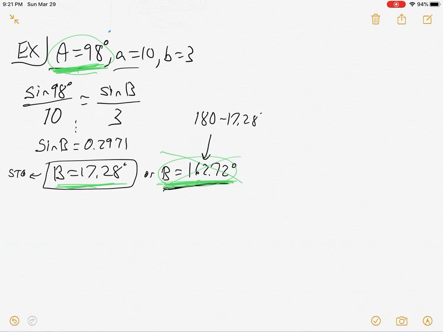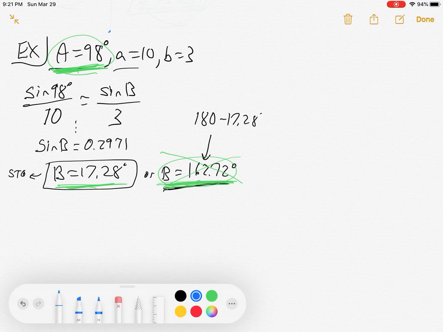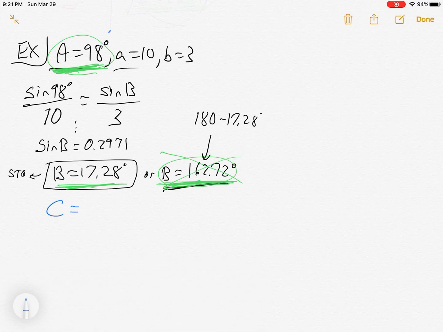We can immediately find angle C. Let's get to blue. Angle C, we immediately can find because they have to all add to 180, and in this one it is 64.72 degrees. Box that. We use our same known column one more time.